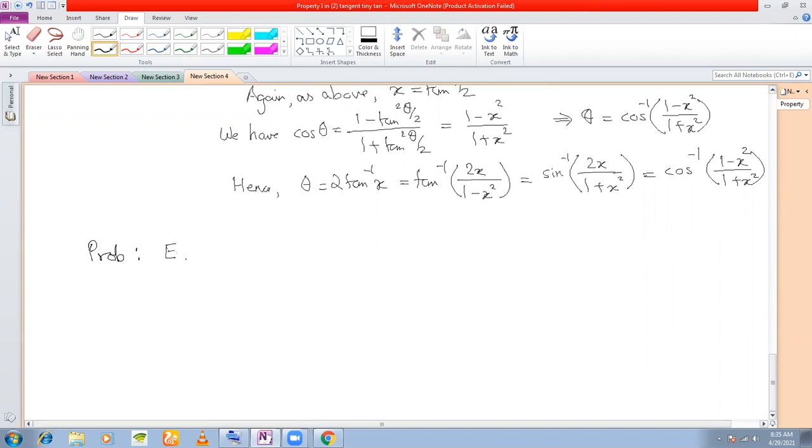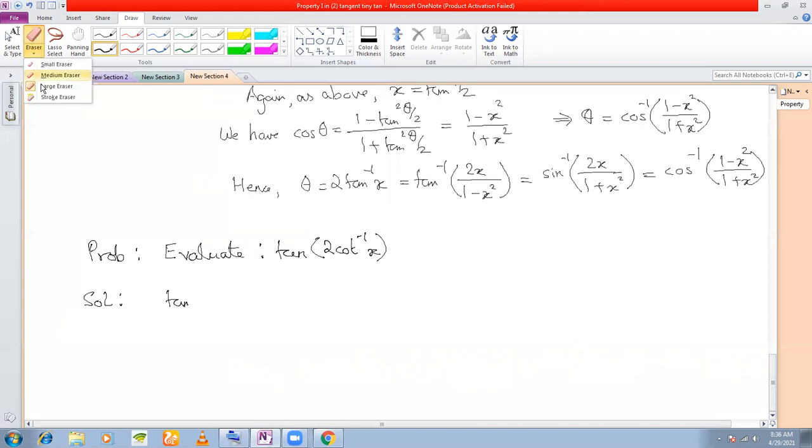Evaluate tan 2 cot inverse x. Okay, evaluate tan 2 cot inverse x. So we start with this tan.